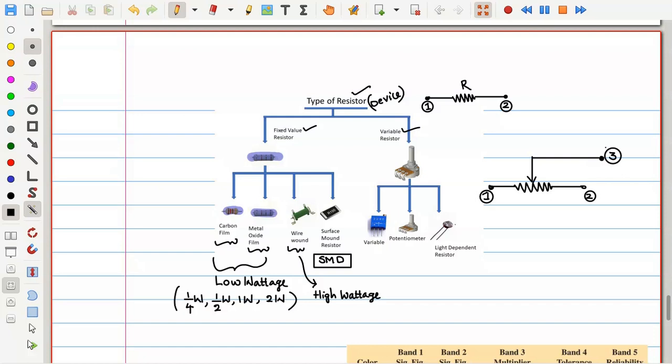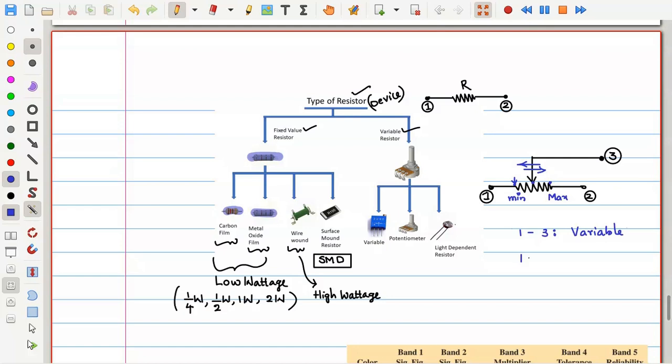Now if I connect this variable resistor across any two terminals, like 1 and 3, then as I vary the pointer towards the right side or the left side, the resistance varies. If I keep this variable pointer at this location, that is the minimum resistance. If I keep it at this end position, that is the maximum resistance position. So when I choose terminals 1 and 3, it becomes a variable resistor.